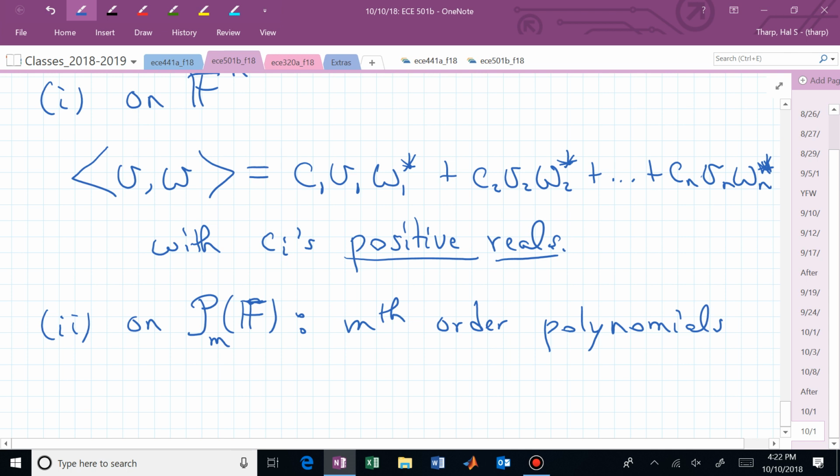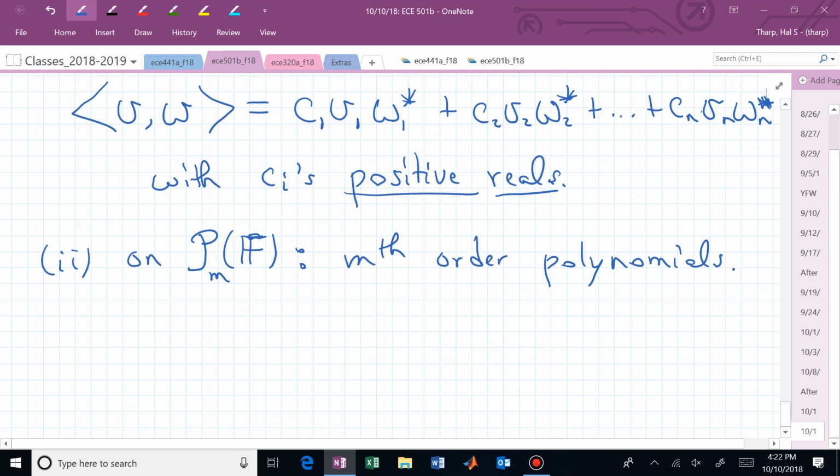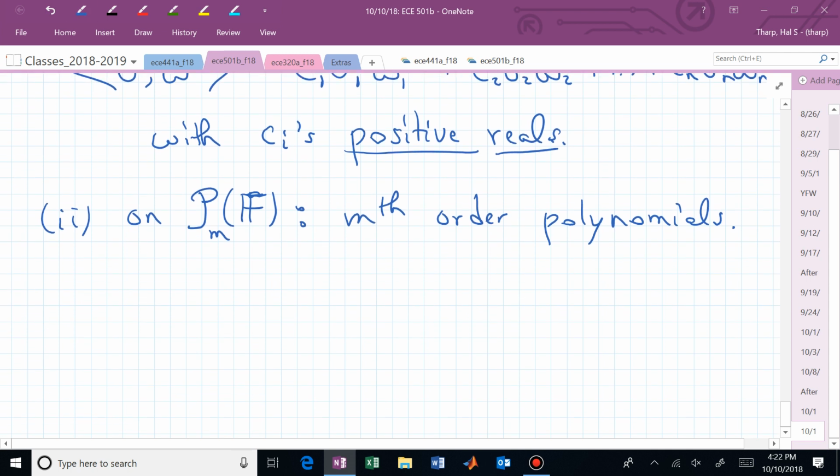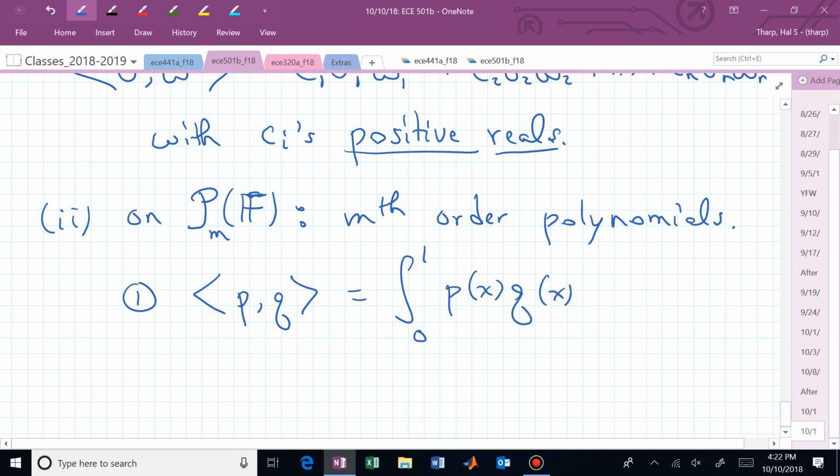Then we can define a couple of different inner products on this set or vector space. One, let's say that we have P and Q as nth order polynomials. We could define an inner product to be the integral from 0 to 1 of P of x, Q of x conjugate dx.